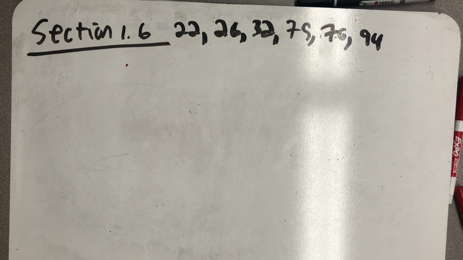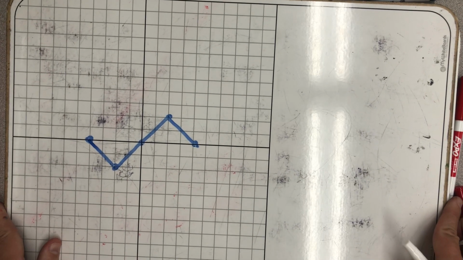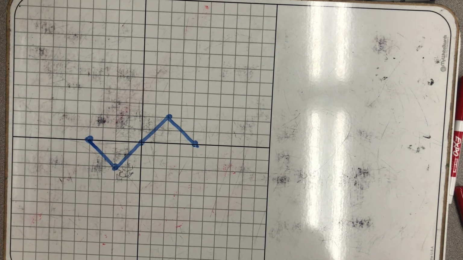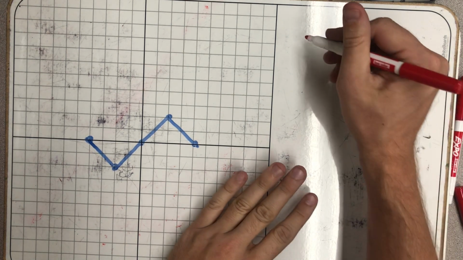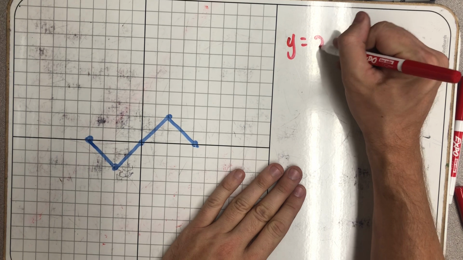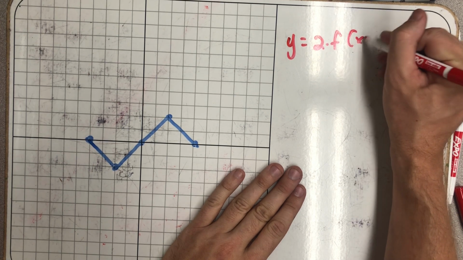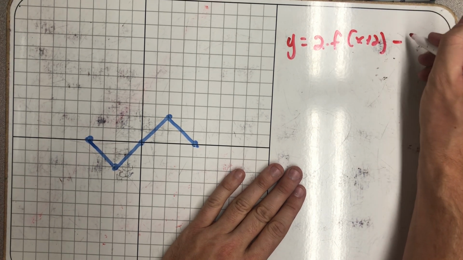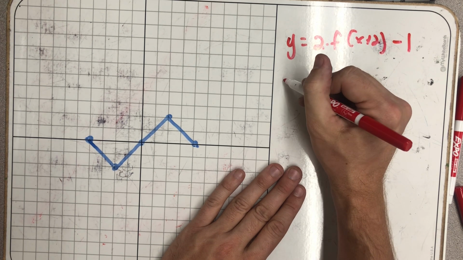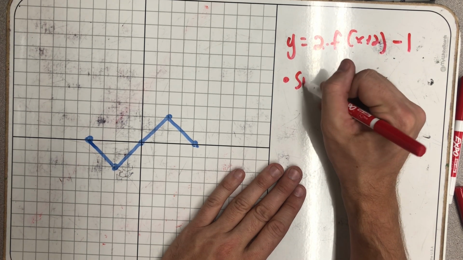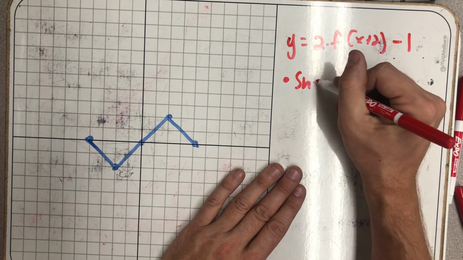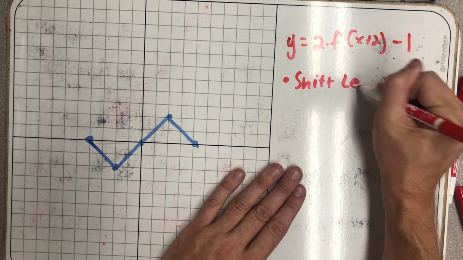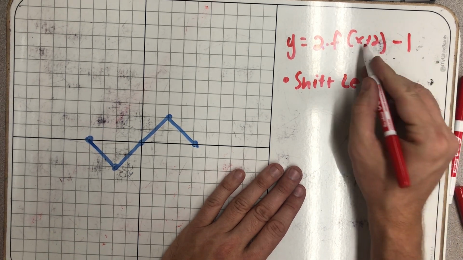Problem number 32 starts with the same graph, but instead asks us to do this. y equals 2 times f of x plus 2 minus 1. All right, shift left 2, because I see an x plus 2.